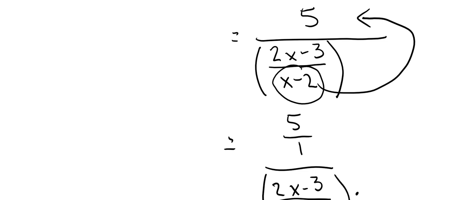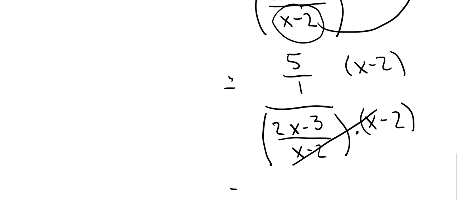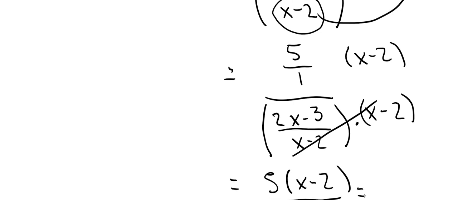So if I want to get rid of an x minus 2 down here, I would multiply by x minus 2. But if I do it to the bottom, I also must do it to the top. Again, another fancy way of multiplying by 1. These would cancel out. And so I'm left with 5 times x minus 2 all over 2x minus 3. And again, last thing is just to simplify this out, 5x minus 10.